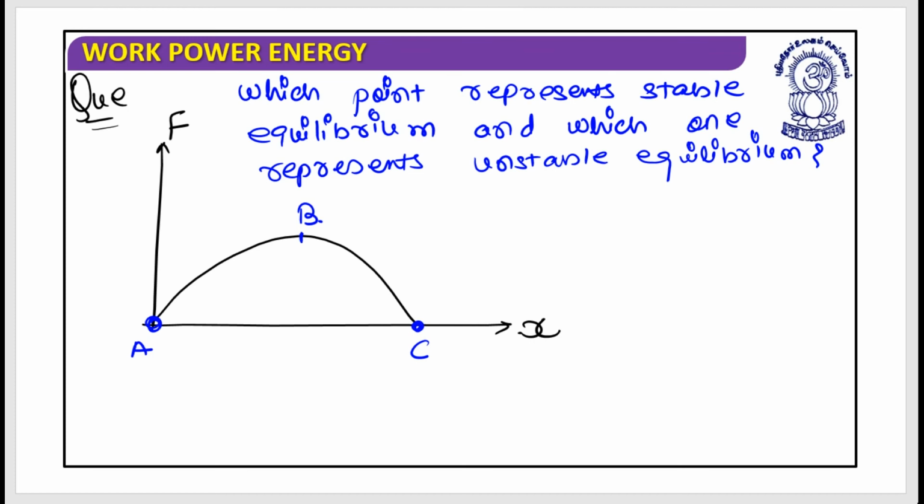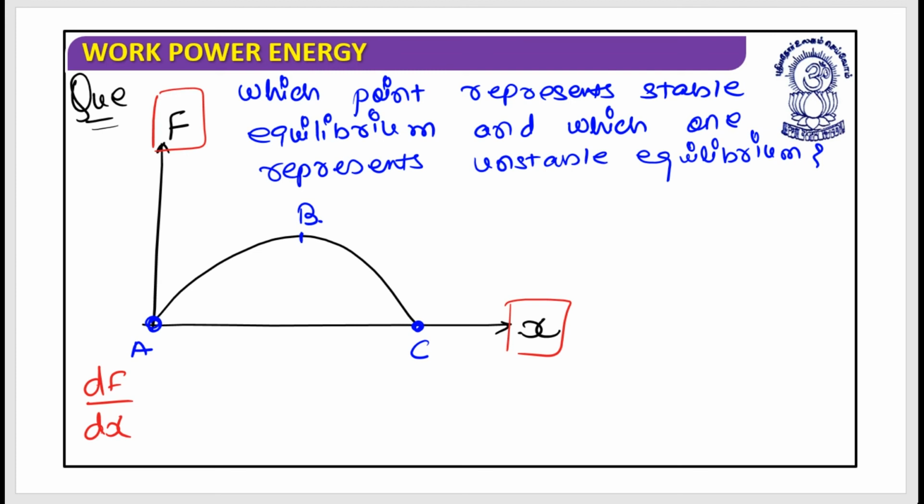Now when this kind of question arrives in front of you, you must look at the axis of the graph. This is f versus x. When a graph of f versus x is given, you are going to check the slope of this graph, that means you are going to check df by dx.